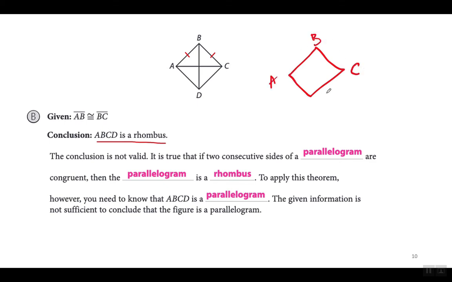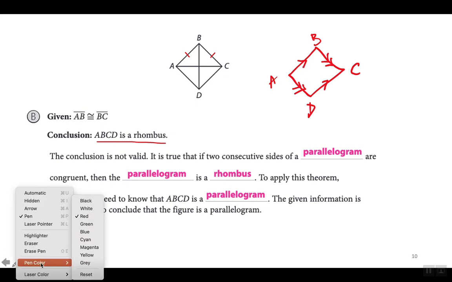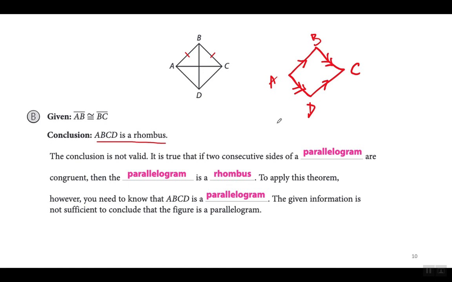In order to be a rhombus, you'd have to have a parallelogram with at least one pair of consecutive sides that are congruent, like this side congruent to this side. We have the congruent consecutive sides here, but we don't show that it's a parallelogram. We don't know for sure that it's a parallelogram. So that's why the given information is not sufficient to determine that the figure is a parallelogram, okay?